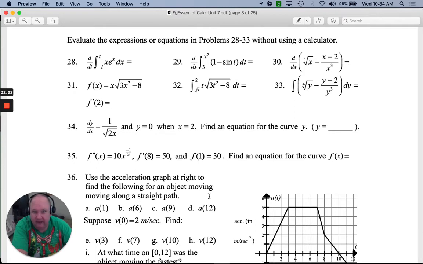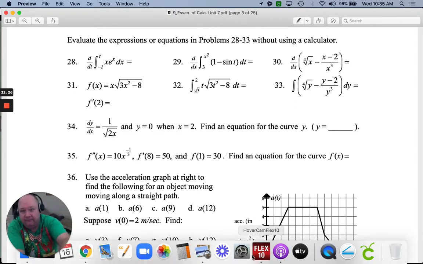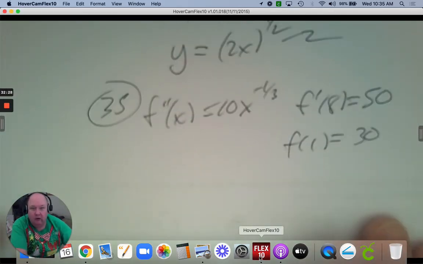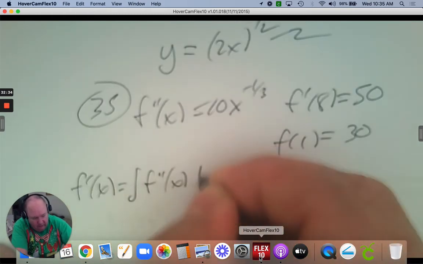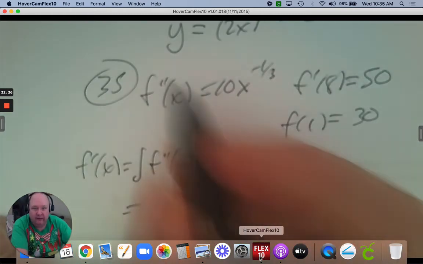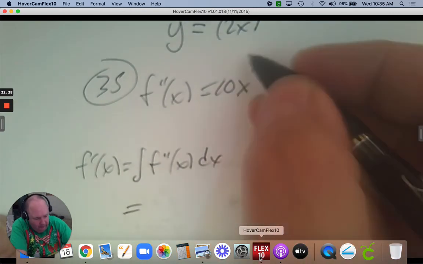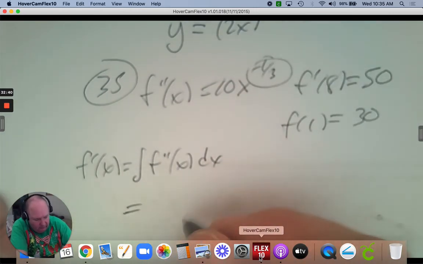And this is find an equation for that curve, f at x. That's my goal. All right, so if you're given the second derivative, the first derivative is the integration of the second derivative. So if I integrate this, I'm just going to add 1 to the exponent.